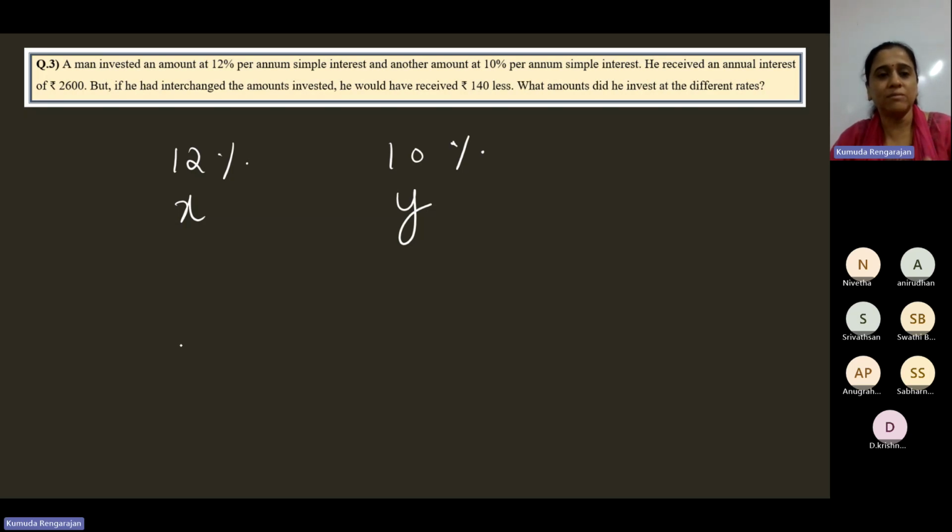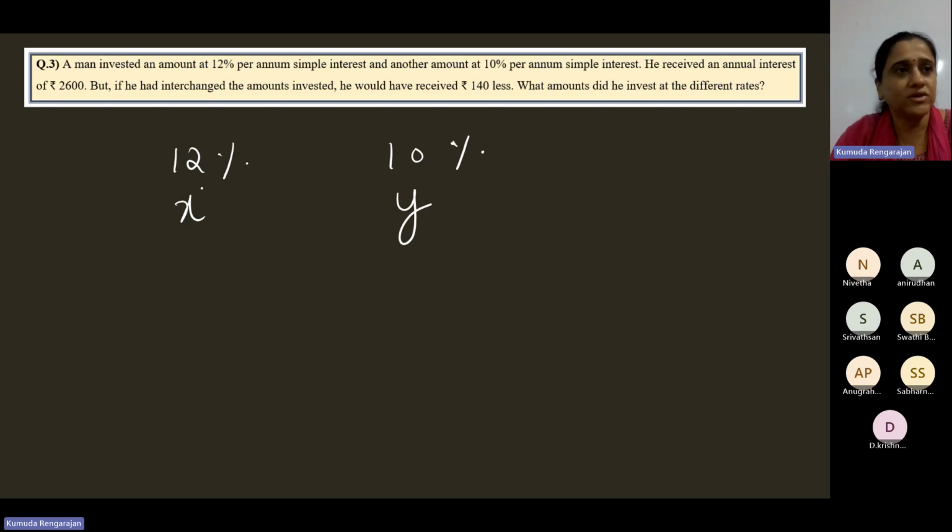A man invested an amount at 12% per annum simple interest and another amount at 10% per annum simple interest. X at 12%, Y at 10%. Investing like this, he's able to make an annual interest of 2,600.